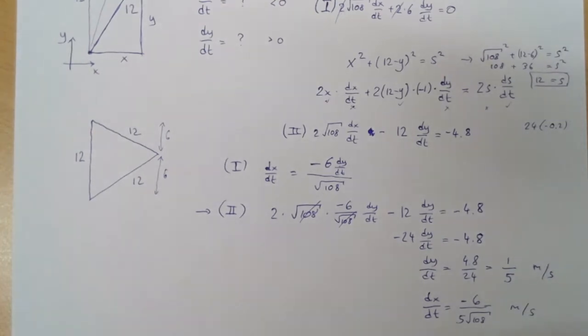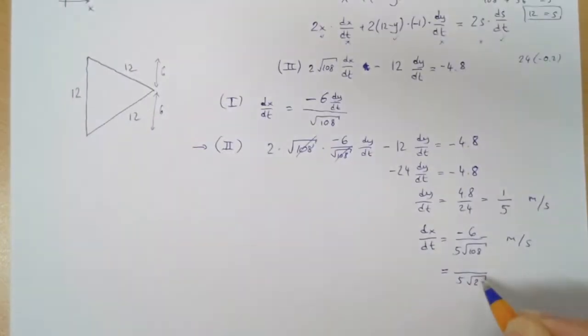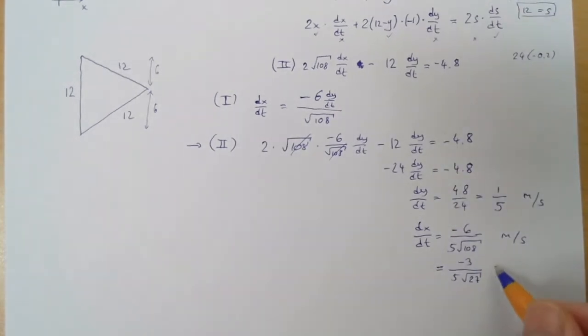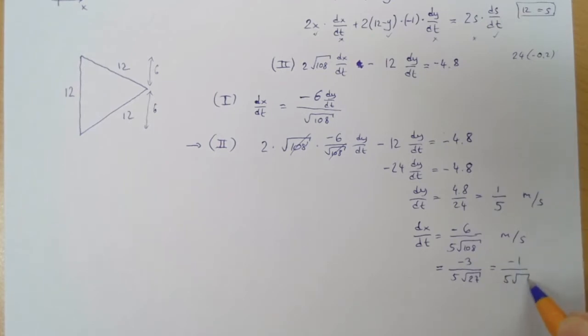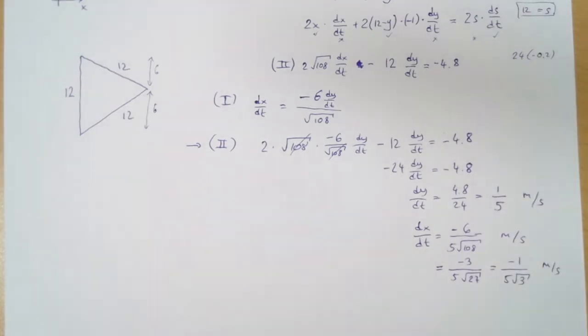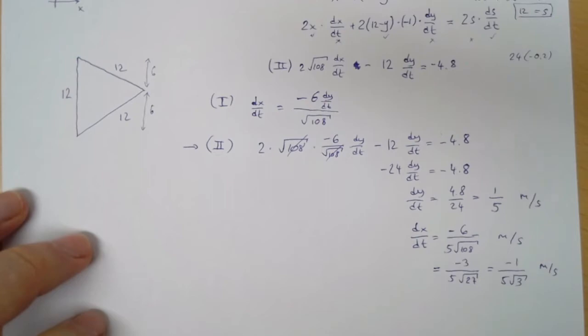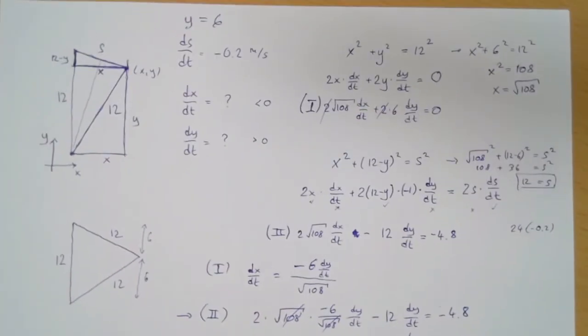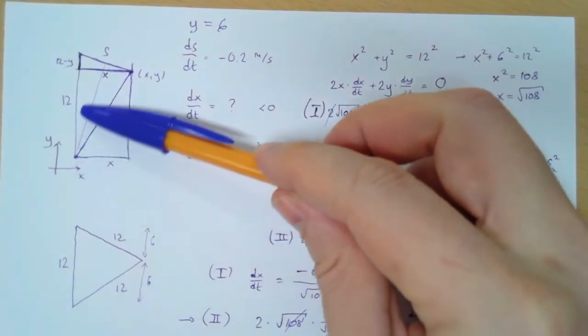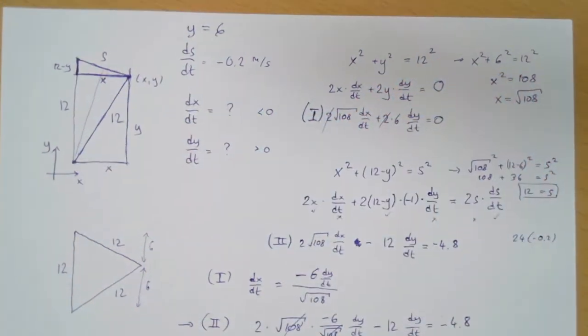Shall we do it? Yeah, maybe, why not? 108 divided by 4 is 27. So I divided by 4, so now it's negative 3. And now here I can still extract 9 from the square root, so it's going to be negative 1 over 5 root 3 meters per second. So this is the final answer to this exercise. As we see, we never used the fact that we can split isosceles triangles in two, but it's a trick we want to remember because sometimes we need to.